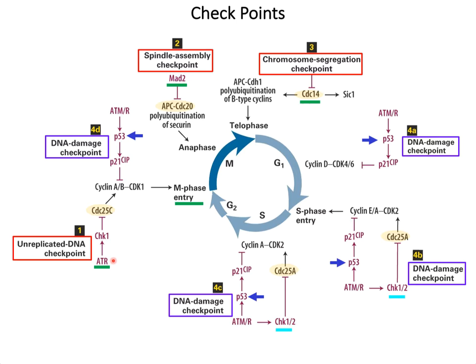Right before the cell enters into the M phase, there is a spindle assembly checkpoint, number 2. So the cell is checking whether the spindle is formed properly, whether all the chromosomes are lined at the center, and if they are not, a protein known as MAD2 will inhibit the proteasome that is responsible for degrading the securin.